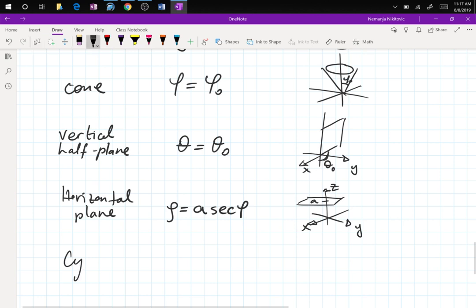Cylinder. Rho is equal to a cosecant phi, and a would be the radius of the cylinder.